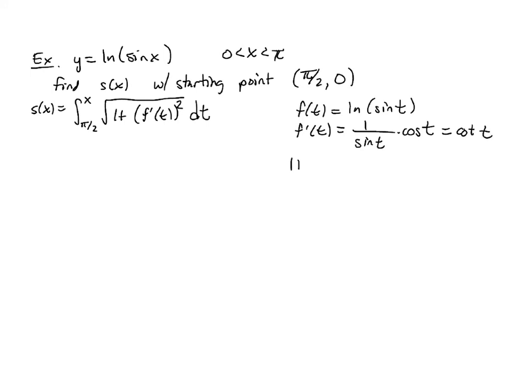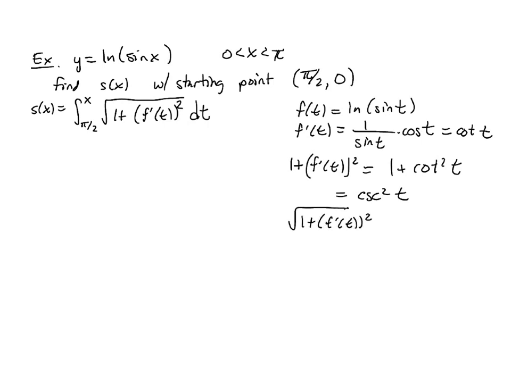When I square that and add 1, I have 1 plus cotangent squared of t, and if you remember your Pythagorean identities, hopefully this ends up being cosecant squared of t. So when I take the square root of that, we end up with cosecant t, not cosecant squared, because I'm taking the square root.